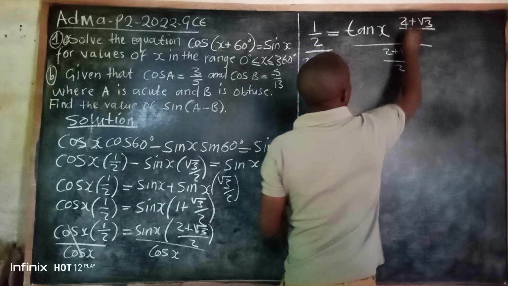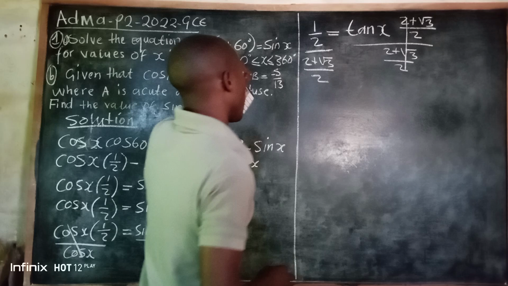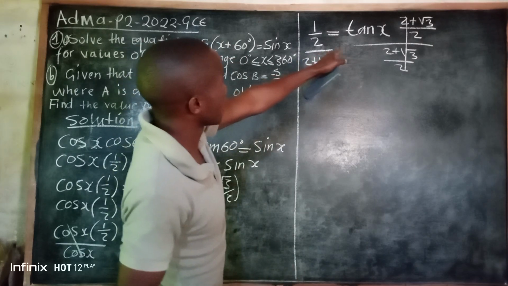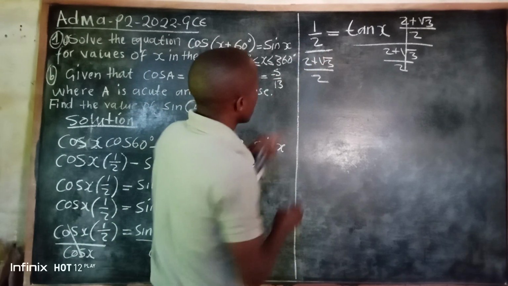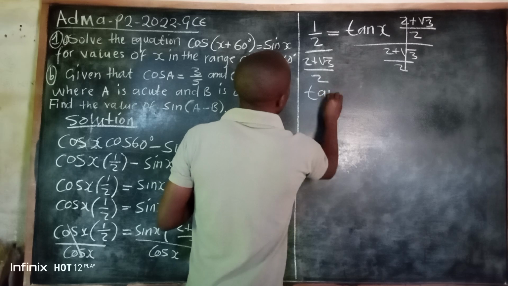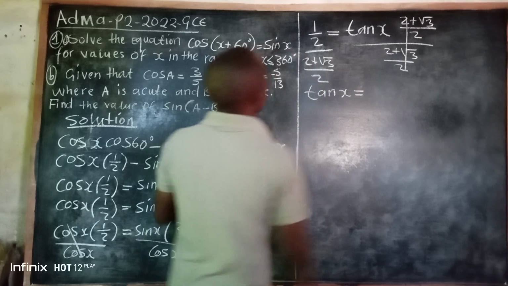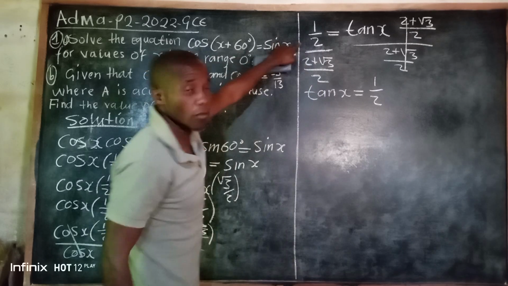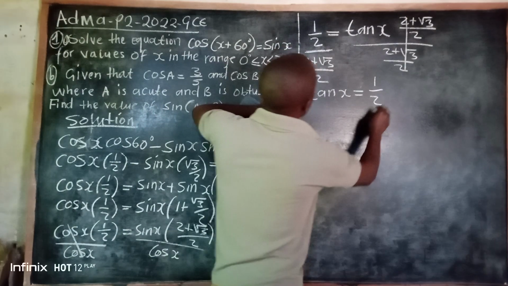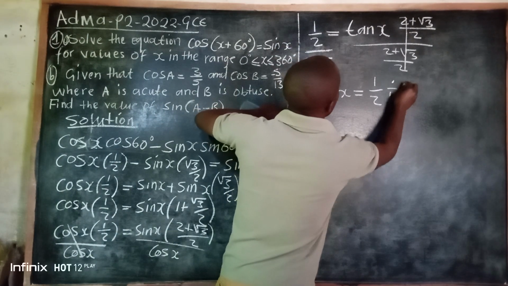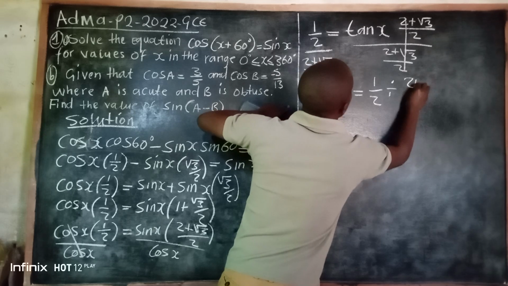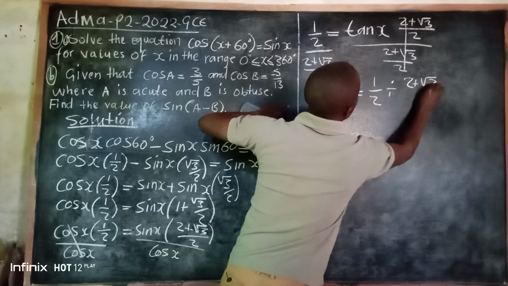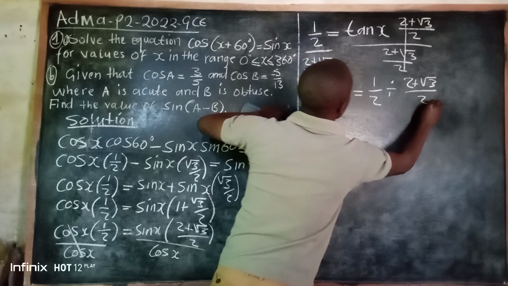So here this will cancel, and we are going to remain with tan x. So tan x is equal to 1 over 2 divided by 2 plus the root of 3 over 2.